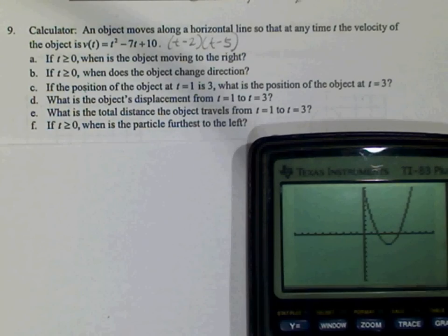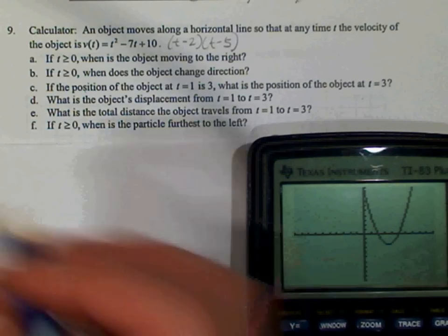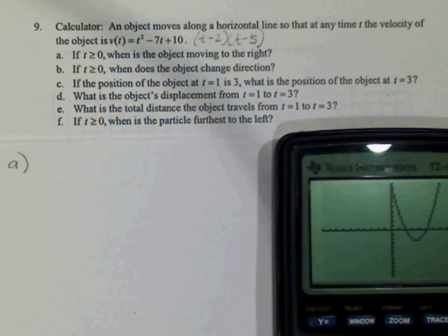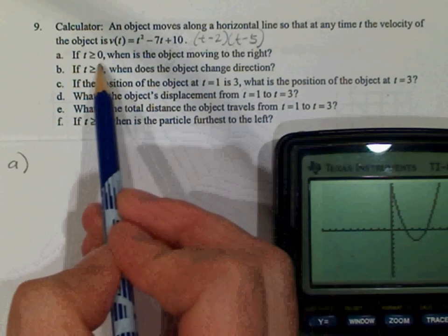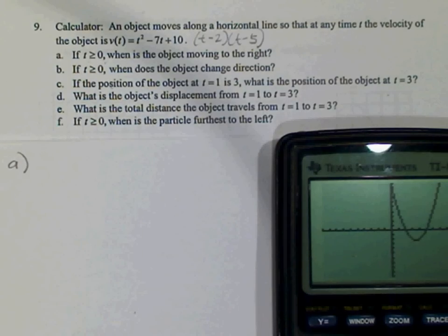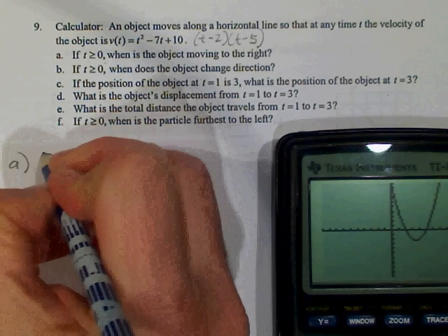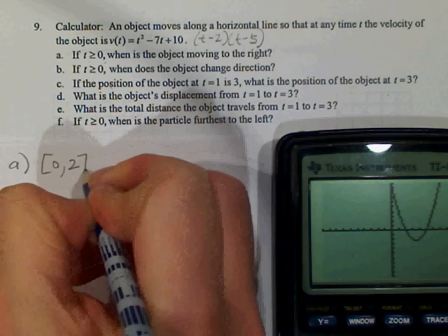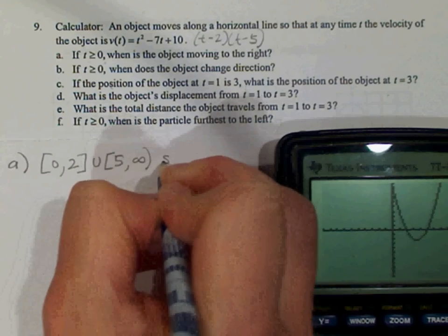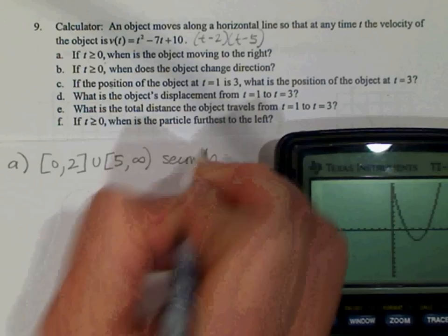Okay, so A wants to know, if t is greater than or equal to 0, so on a positive time interval, when is the object moving to the right? Well, the object is moving to the right whenever v of t is greater than or equal to 0. So that object is moving to the right from 0 to 2, and again from 5 to infinity, in terms of seconds.